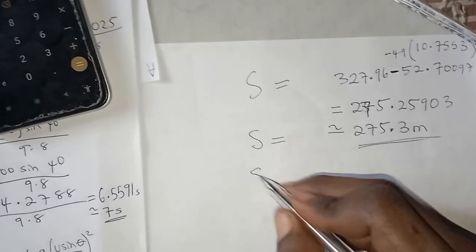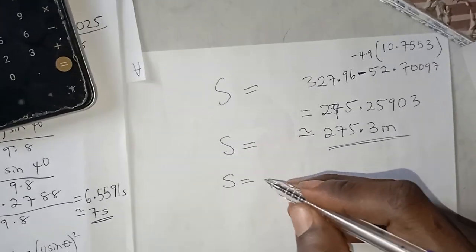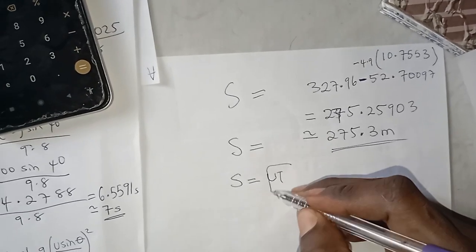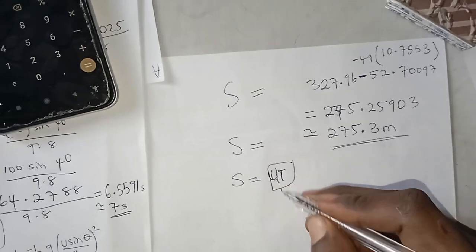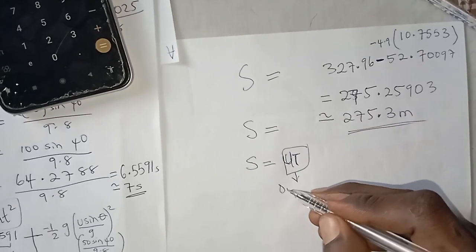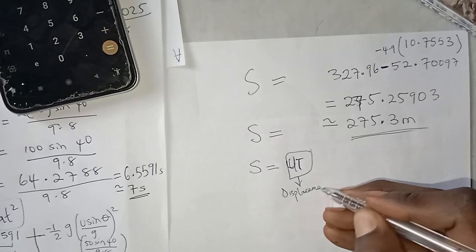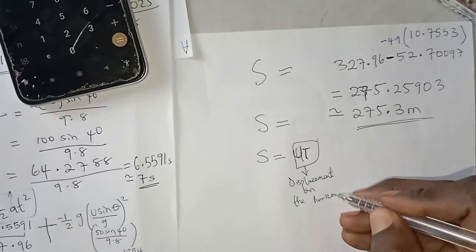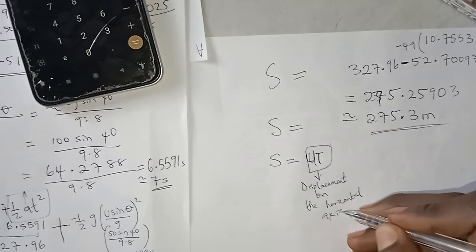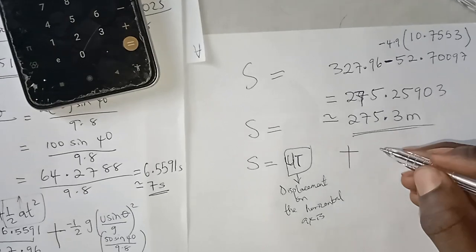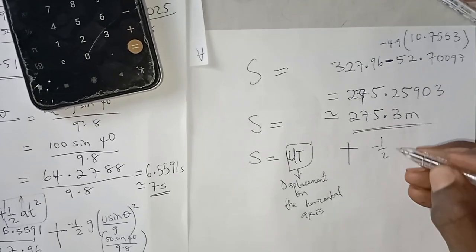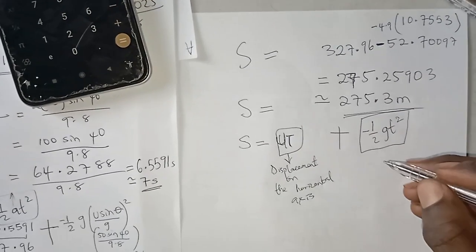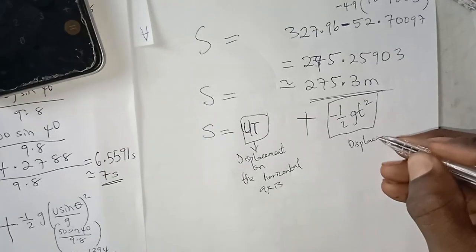So S is equal to displacement on the horizontal axis, because the horizontal axis will not have the other side, plus minus half gt squared. That is the displacement on the vertical axis.